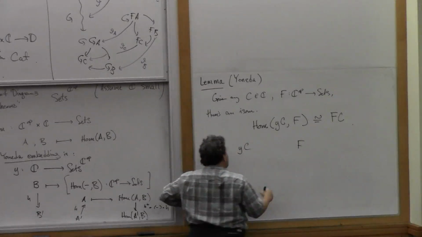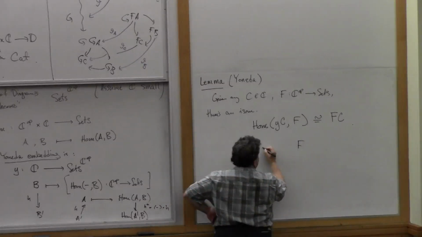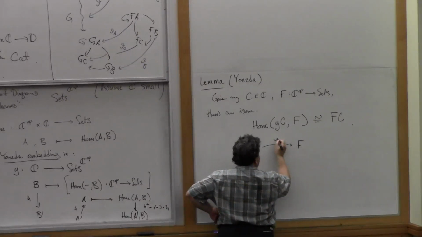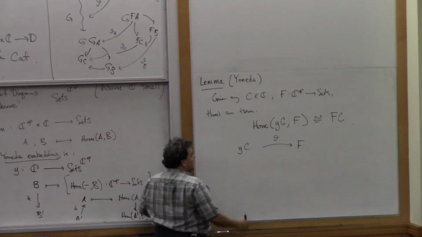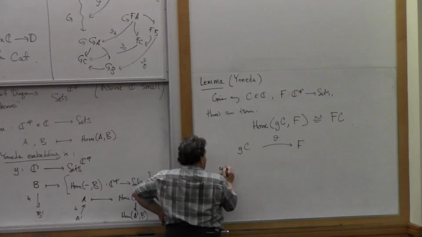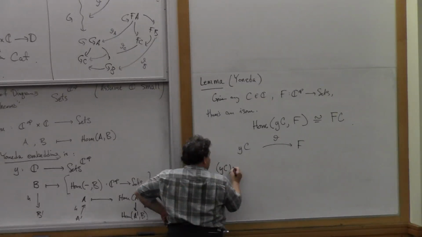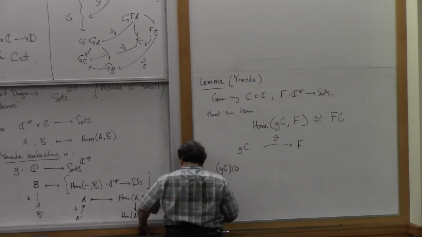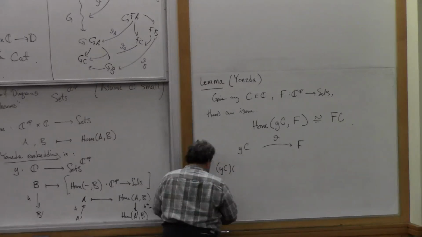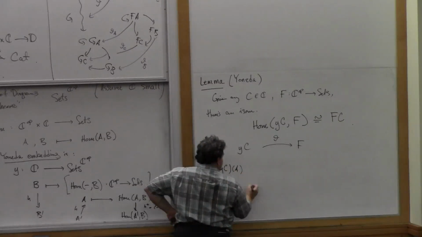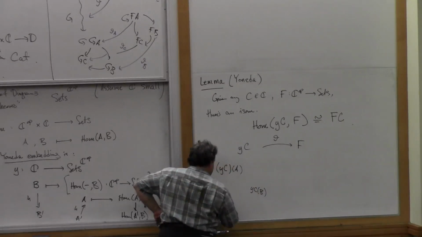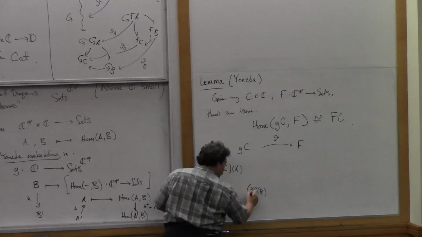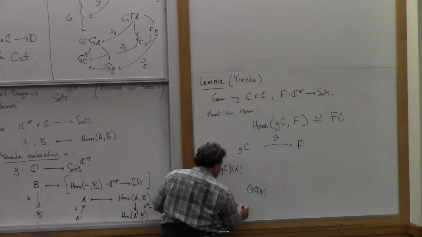So let's suppose I have this natural transformation theta going from yC over to F. Well, in particular then, it has values yC at A, yC at B, yC at C, and so on.